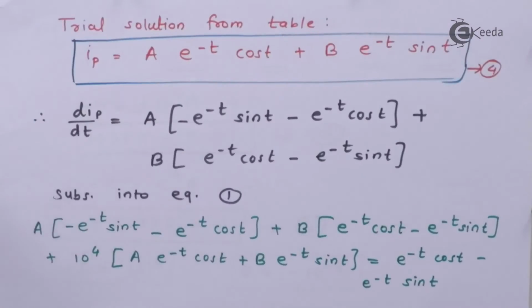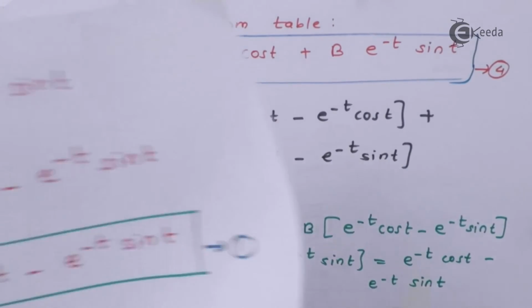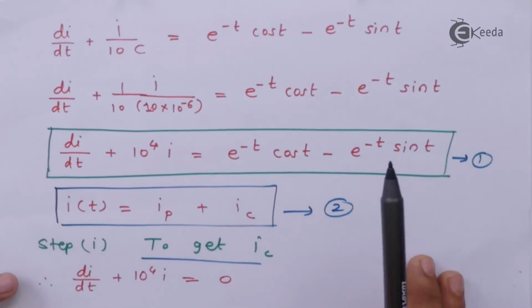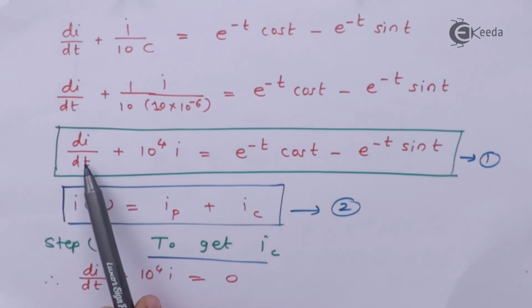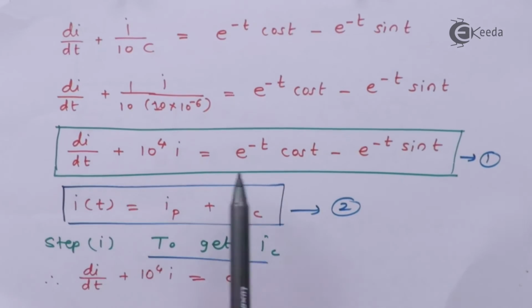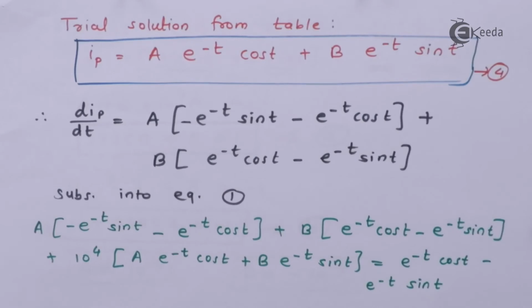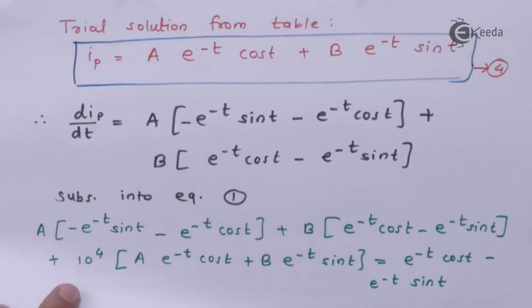So by choosing that solution and substituting it in the original differential equation, that means this one, because once you choose a solution, you have to substitute here. When I substitute it here, I have to take its differentiation, and then once I solved it, I got these constants a and b. You can refer to that video also.